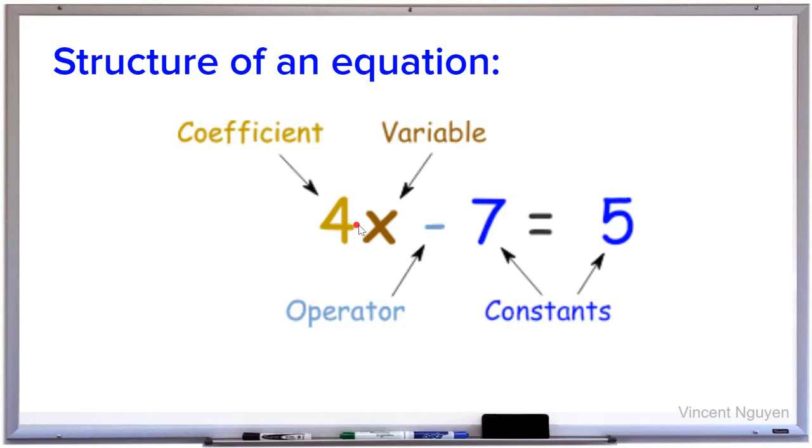Keep that in mind. And then, of course, there is an equal sign because it is an equation. It's telling you that the left-hand side is equal to the right-hand side with some value of x that is going to make that true. There is a value of x that, when you put it in here, all of this is going to equal 5. We're going to learn how to find that value.